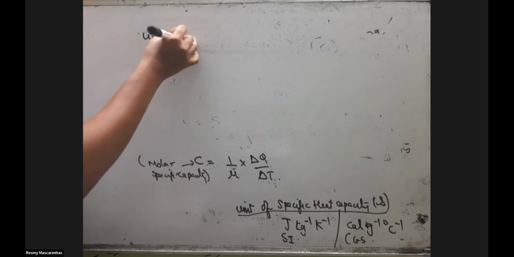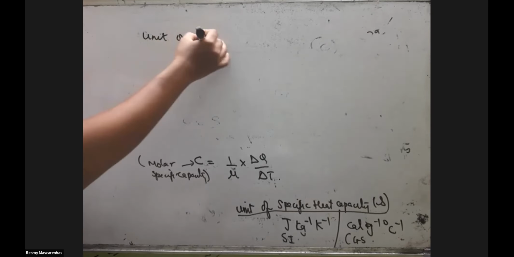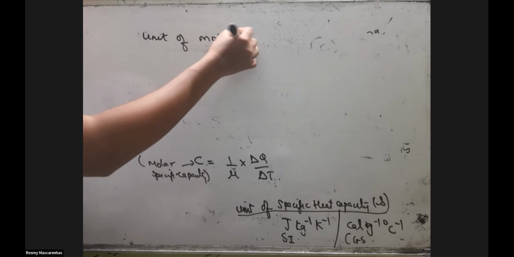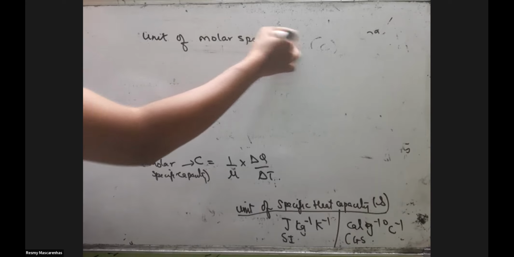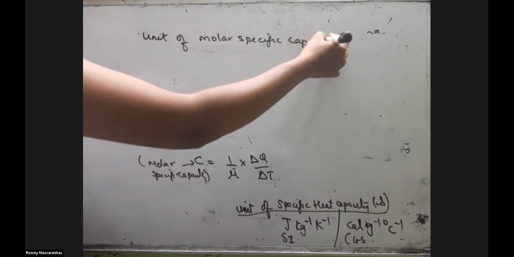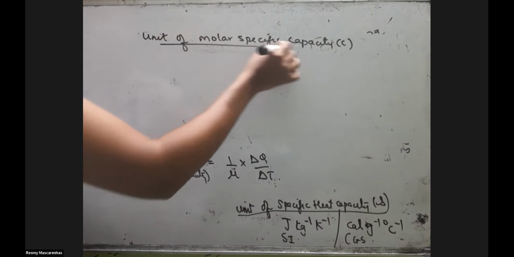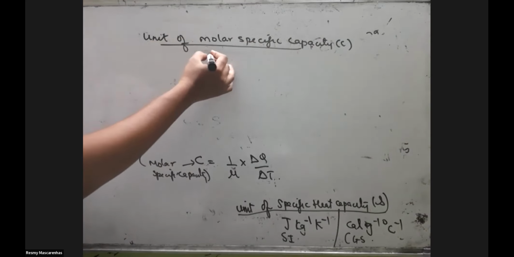The unit of molar specific heat capacity is joule per mole per Kelvin.